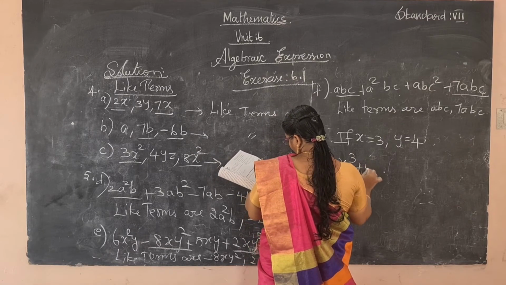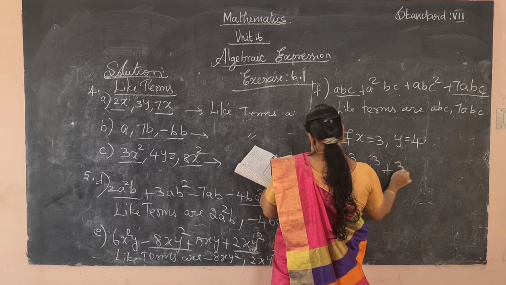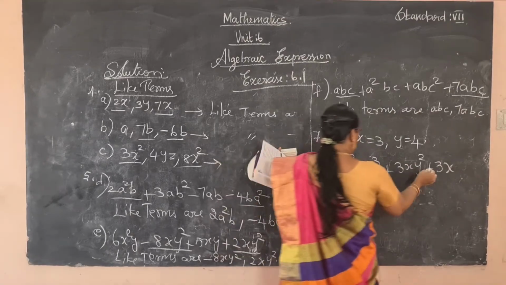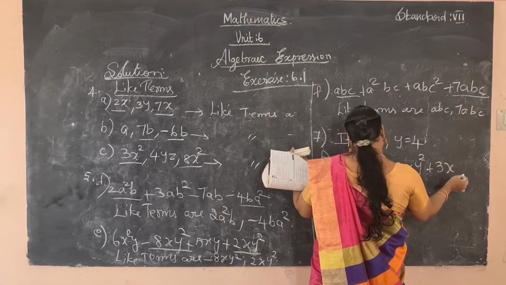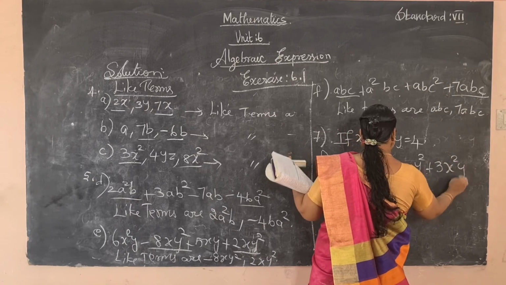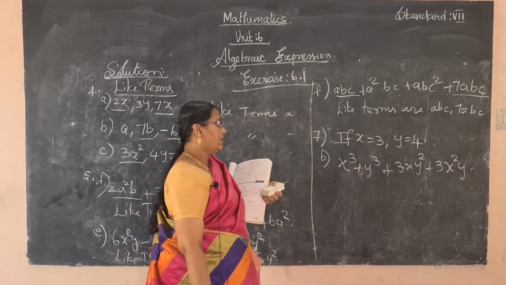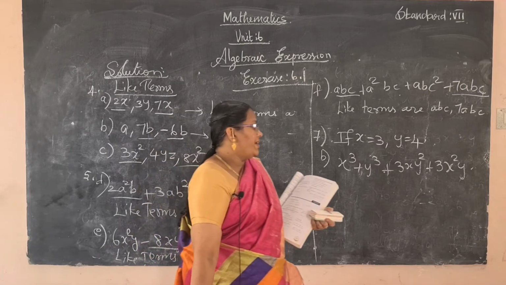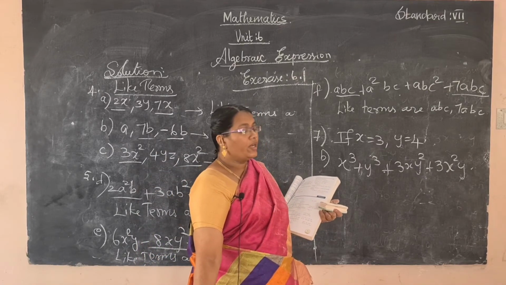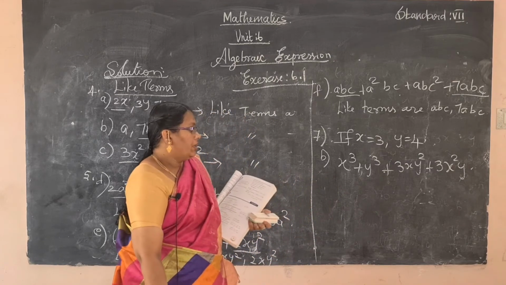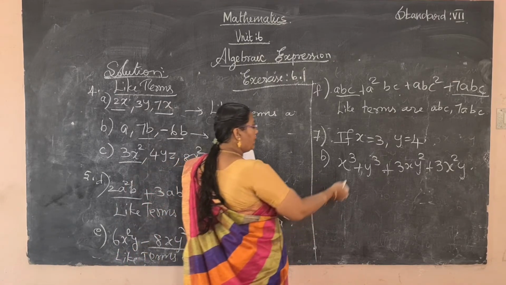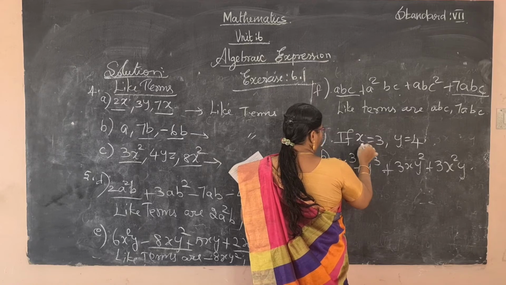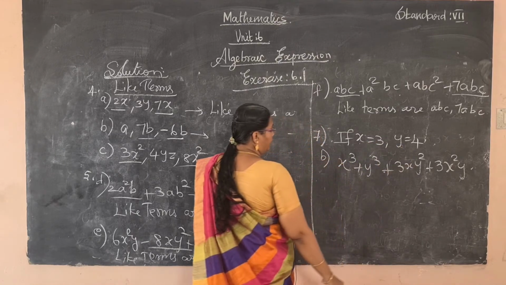x cube plus y cube plus 3xy square plus 3x squared y. Okay. So x cube plus y cube plus 3xy square plus 3x squared y is given. So how can you calculate? Substitute the value of x equal to 3 and y equal to 4.